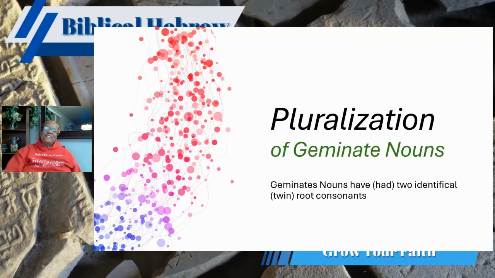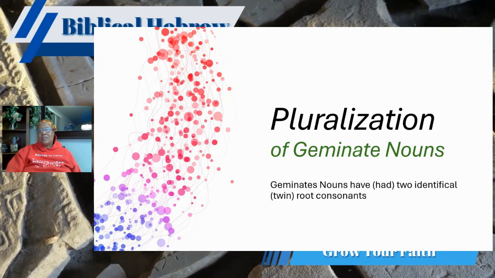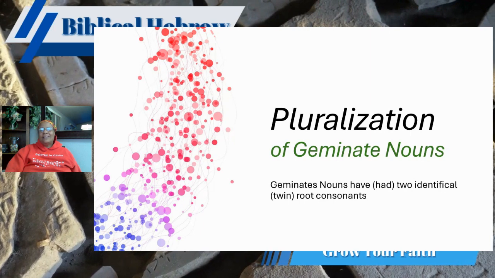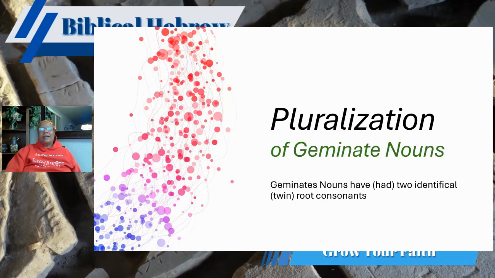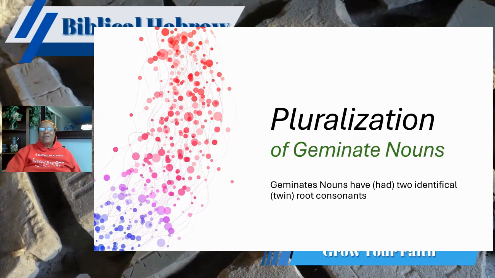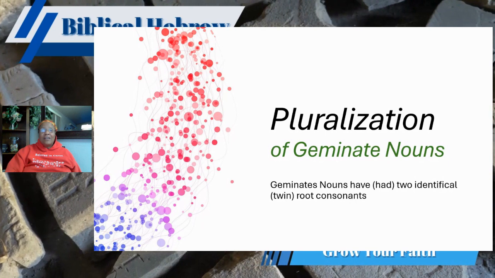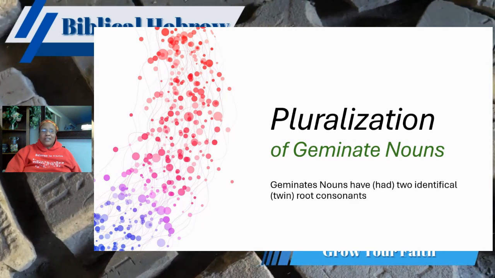Okay, here we go. Pluralization of the geminate. I promised we were going to get to the geminate, and geminate just is it. You think of Gemini. I don't like to do that because I don't support the following of astrological signs. This is silly. You're a Christian. Follow Christian. That's who you are.